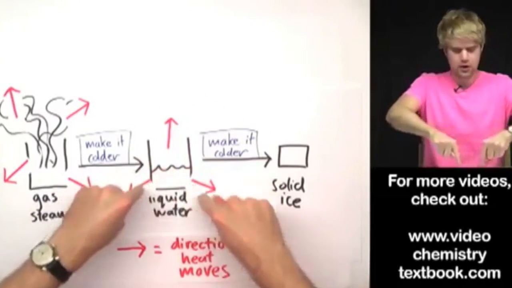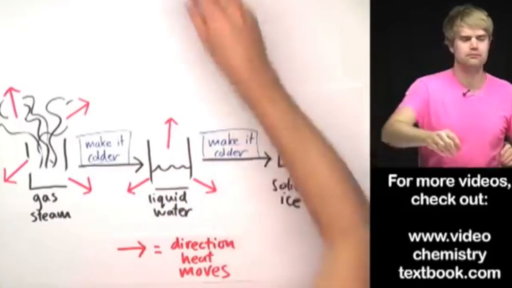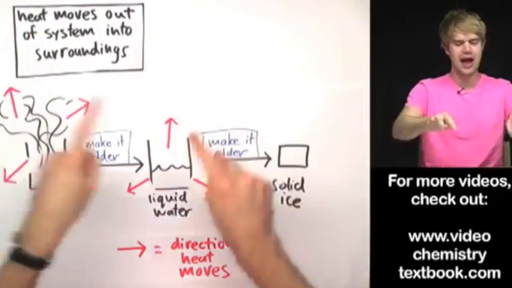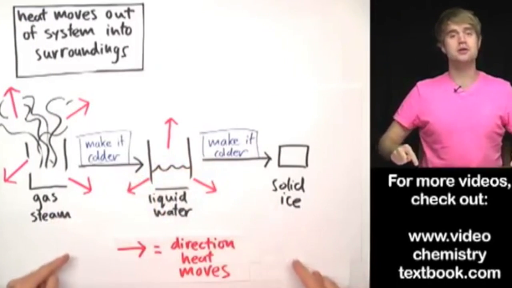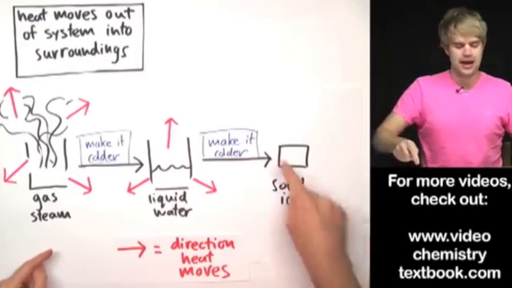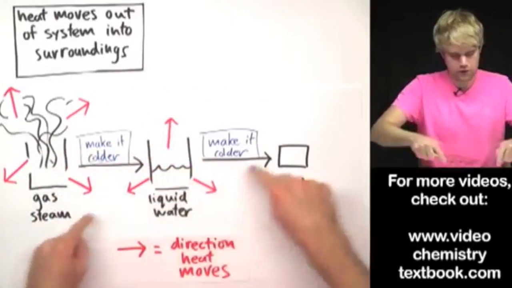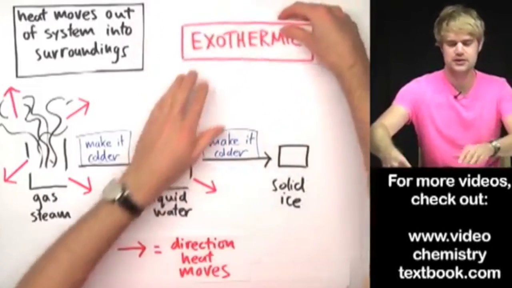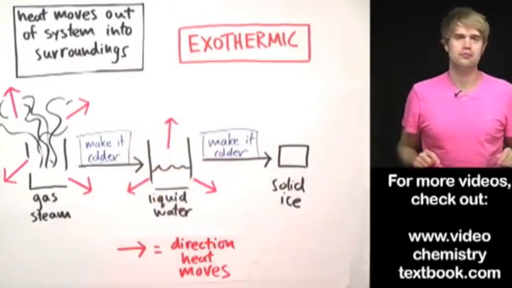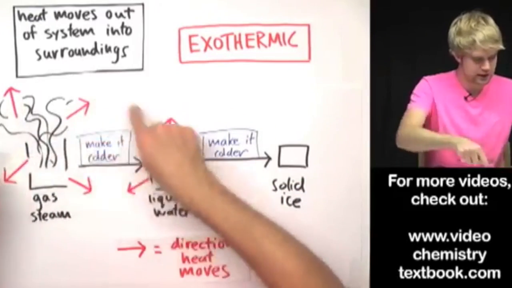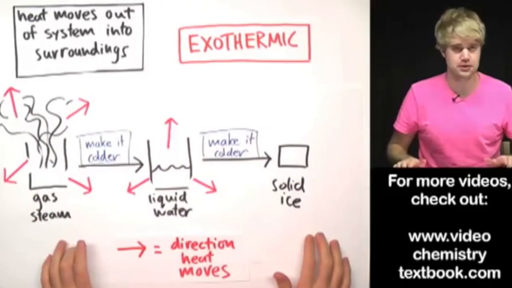So the heat is moving away from the liquid water. In this case, we're talking about an example where heat moves out of a system into the surroundings. And when heat moves out of the steam or of the liquid water, we call this an exothermic process. X meaning out of, and that's the direction of heat movement in these processes.